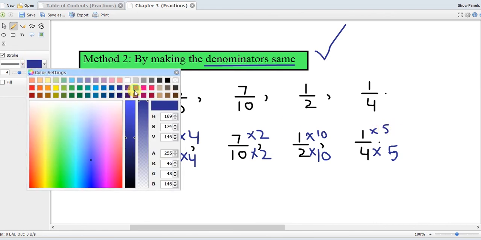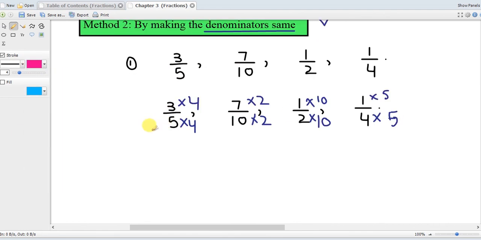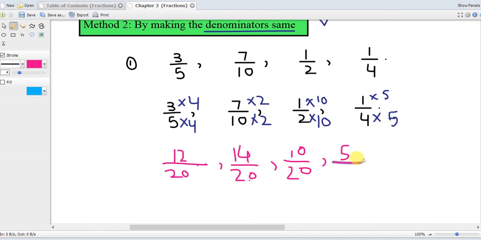Now simply multiply these numbers. The new fractions will become 12 over 20, 14 over 20, 10 over 20, and 5 over 20.